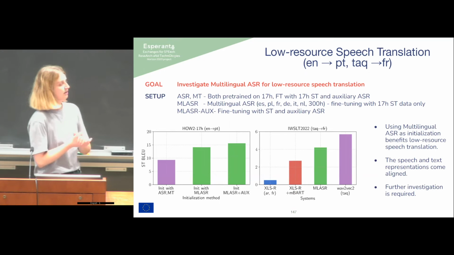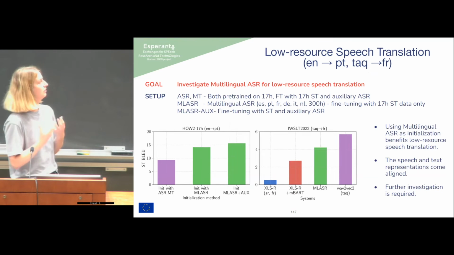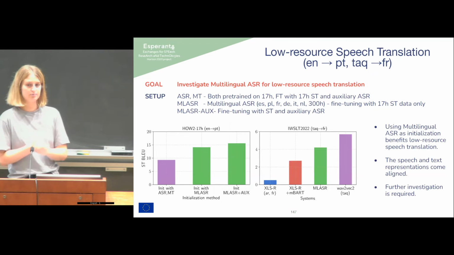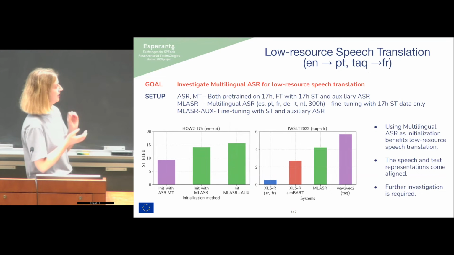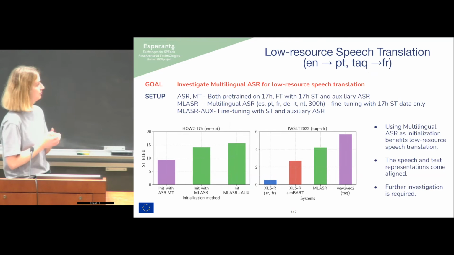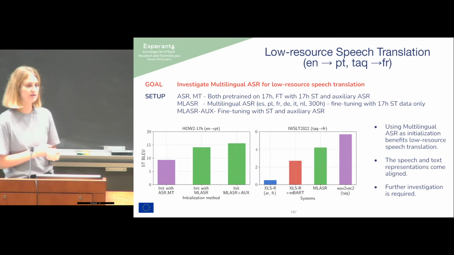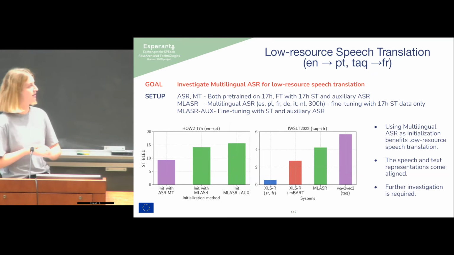And finally, the last experiment was to investigate this multilingual ASR for low resource speech translation. So for the setup, we both pre-train an ASR and machine translation system on only 17 hours of speech and fine-tune with 17 hours of speech translation and auxiliary ASR data.